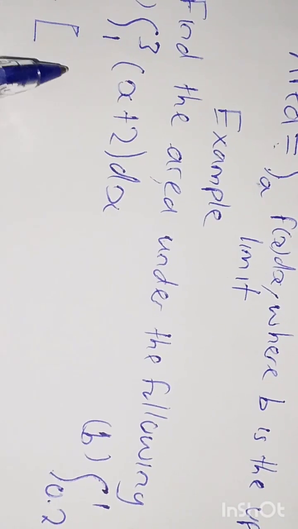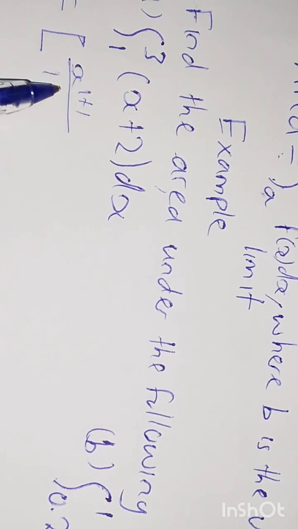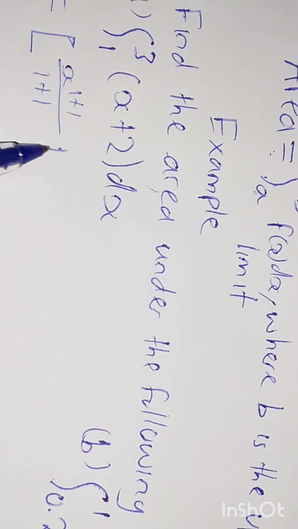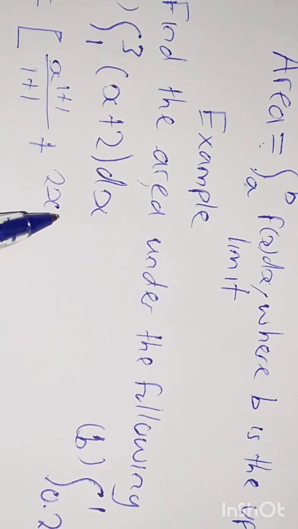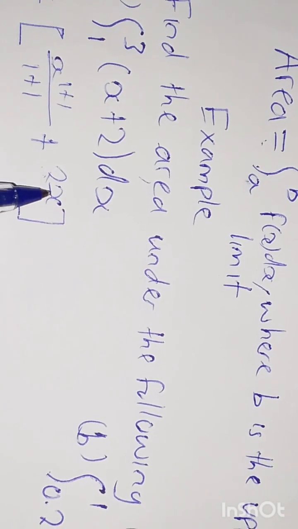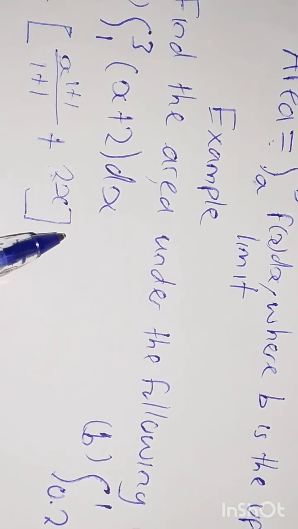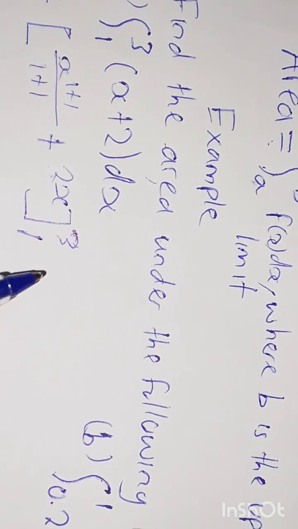It will be x to the power 1 plus 1 over 1 plus 1, plus 2x. Since 2 here was a constant, you only have to make it 2x, that's all. Then you put a 3 here, a 1 here.